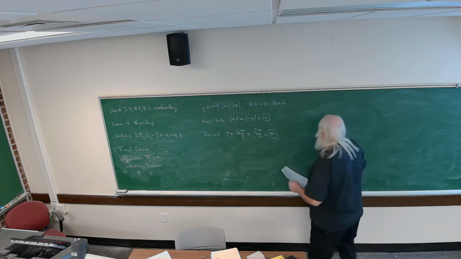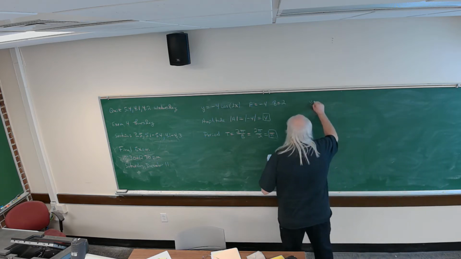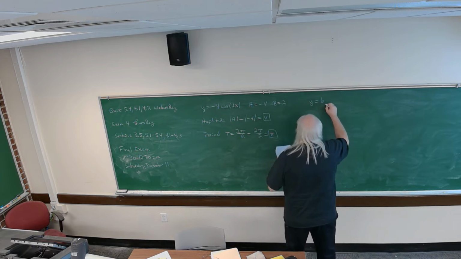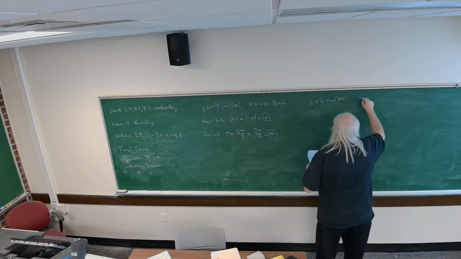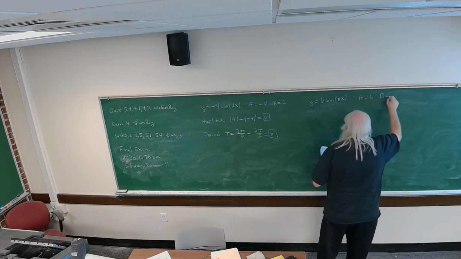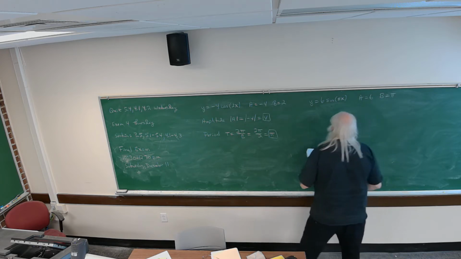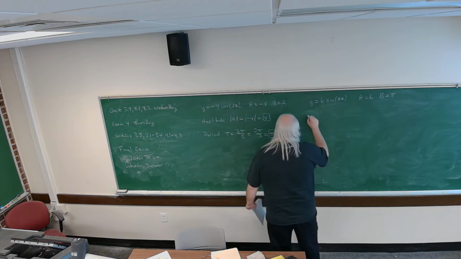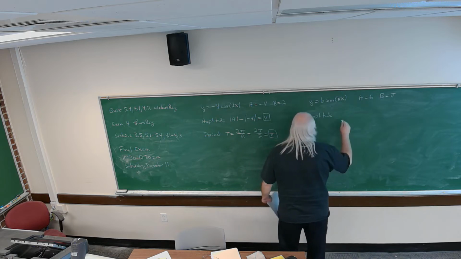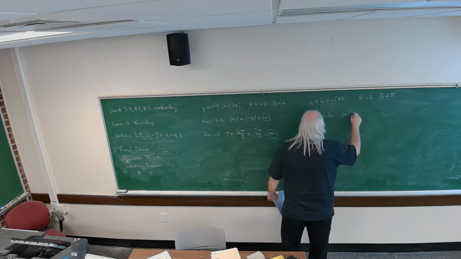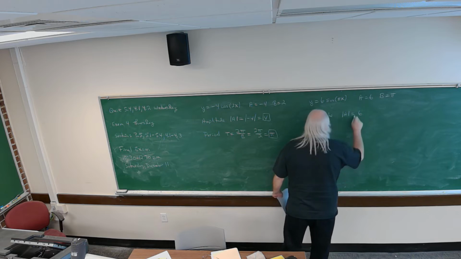Okay, the next example, we have y is equal to 6 times the sine of pi x. So a is equal to 6, and b is equal to pi. So in the graph of this transformed sine function, the amplitude, which is equal to the absolute value of a, will equal 6 units.